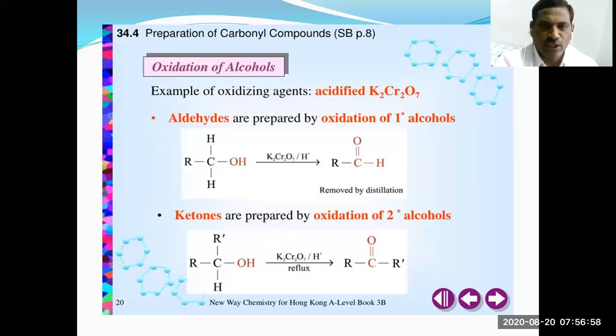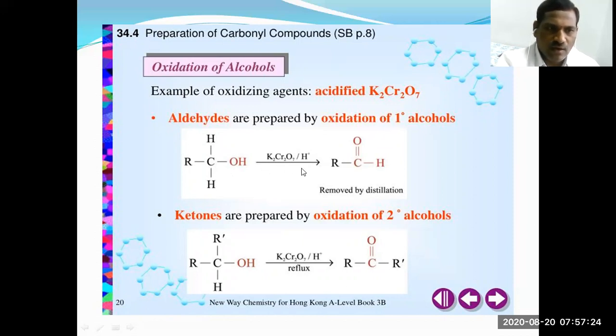So acidified potassium dichromate acts as an oxidizing agent, for preparation of aldehydes from primary alcohol and preparation of ketones from secondary alcohol. That's why aldehydes are prepared by oxidation of primary alcohols.